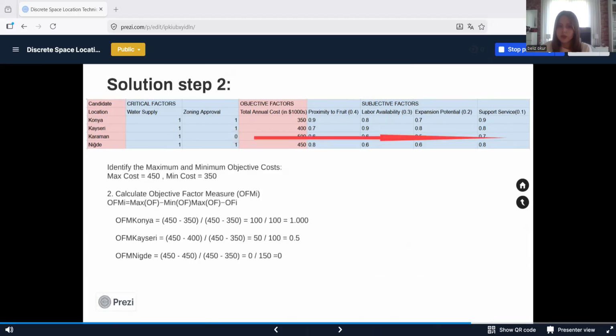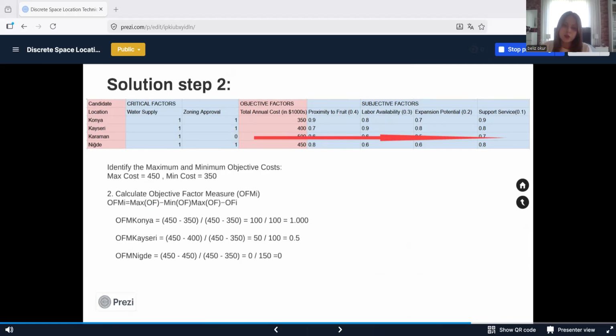Step 2 is normalizing our objective factor, our cost. Since Karaman is eliminated, we cross them out with the big red line here. Looking at our remaining 3, we identify the maximum cost, which is Niğde at 450, and the minimum cost, which is Konya at 350. We plug these into our objective factor formula.